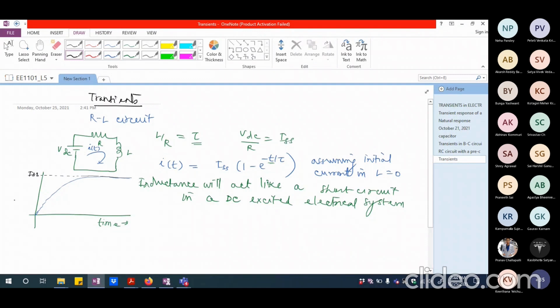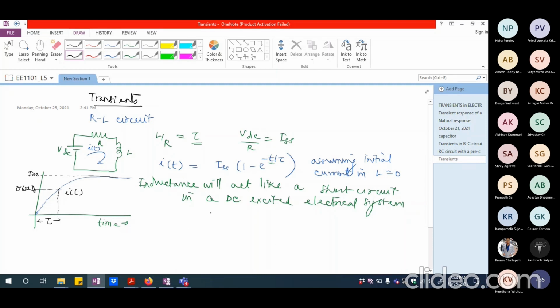So this is the variation of i of t with respect to time. And this is where we said that the time it takes to reach 63% of ISS, 0.632 times ISS, is the time constant tau. That's what we said when we were deriving the expression earlier.